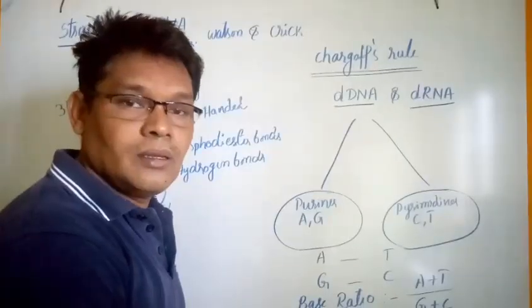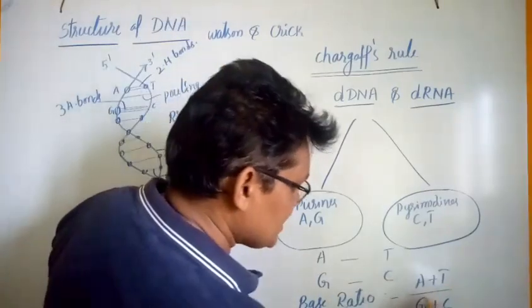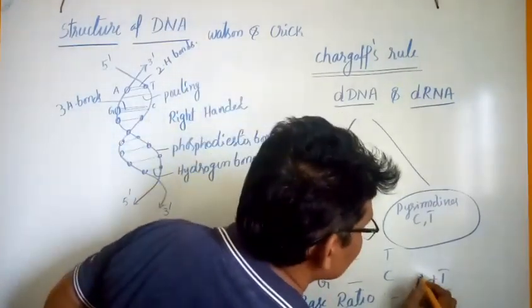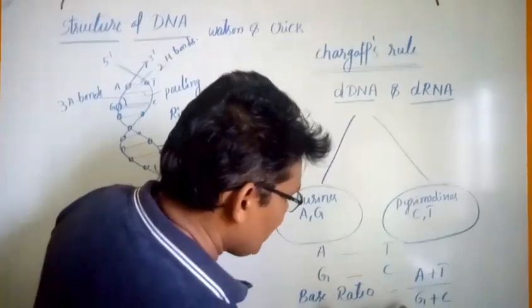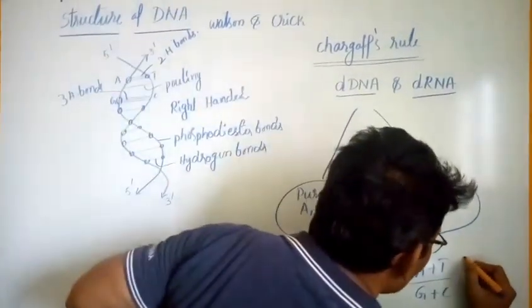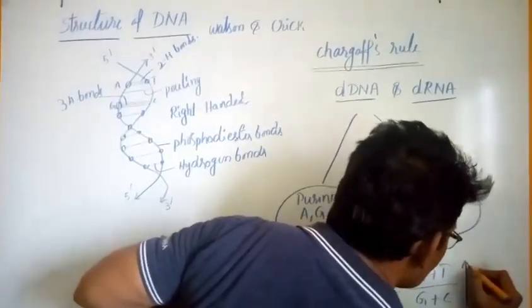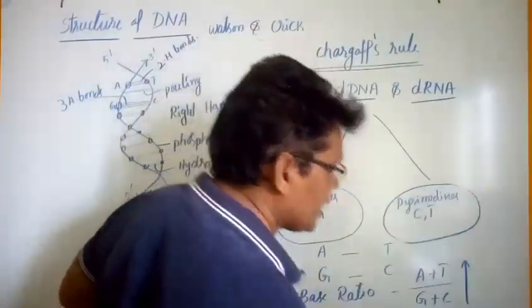Okay. Base ratio, A plus T by G plus C. Generally, the base ratio increases in advanced organisms.